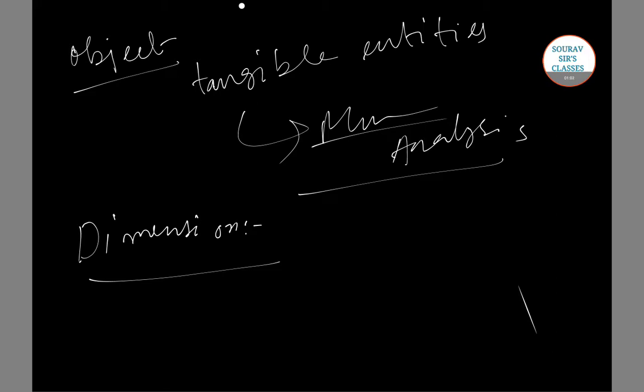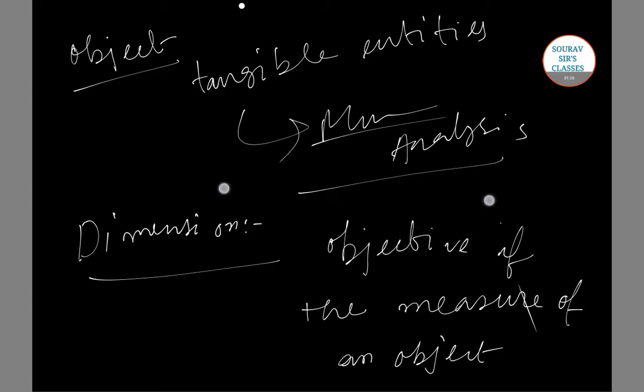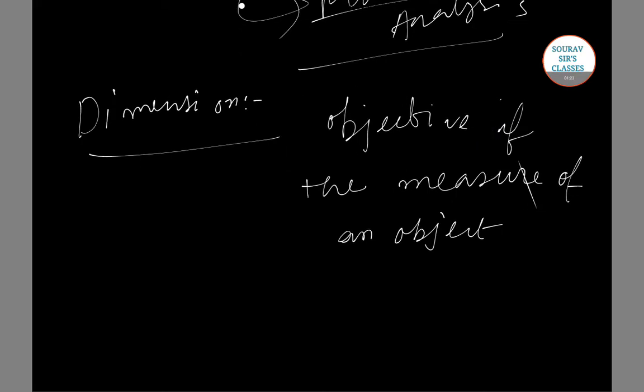The dimensions are said to be objective if the measures of an object are quantifiable, such as price, weight, consumption of petrol per kilometer, etc. On the other hand, if an individual evaluates an object on the basis of his or her own perceptions like look, taste, smell, etc., then such measures are known as subjective dimensions.